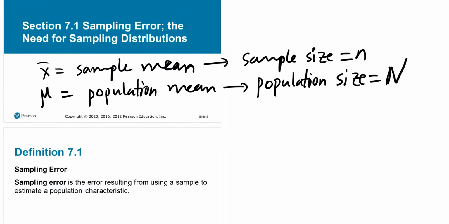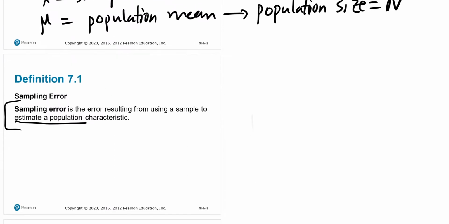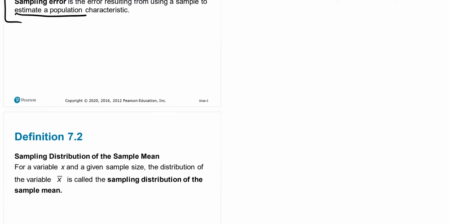Again, sampling error is the error resulting from using a sample to estimate a population characteristic. Here we are going to do the sampling distribution of the sample mean.